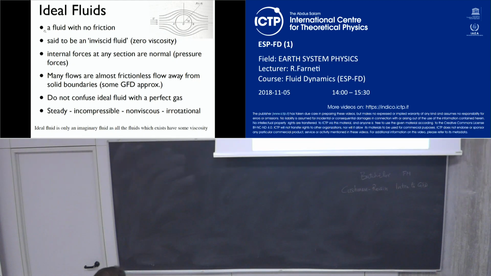So describing the fluids, we're going to do a lot of approximations when we describe the fluid, and we're going to do a lot of approximations when we describe the dynamics of fluids. Just to make things simpler, or because we're interested in one particular characteristic of the fluid. We don't want to know what is happening to the fluid near the boundaries. We don't want to know what is happening to the fluid in time.